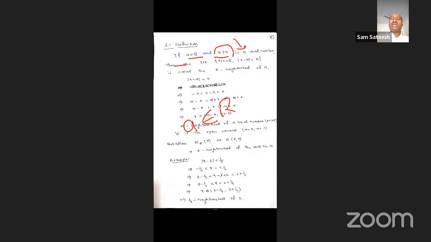Then the set of x such that x belongs to R and modulus of x minus a is less than epsilon is called the epsilon neighborhood of A. How is it possible? Here I am taking mod x minus a less than epsilon.